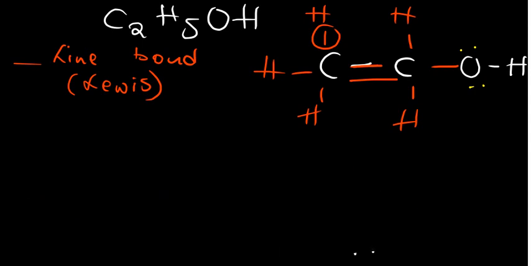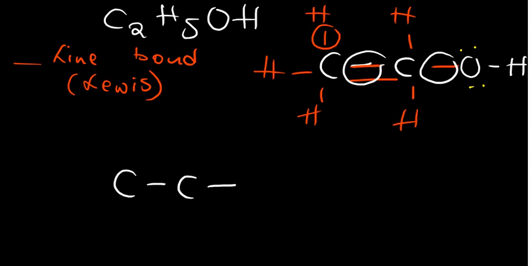So for the condensed formula, what basically happens is you only show the bonds between the carbon atoms, the main chain. So you have carbon to oxygen. Then the rest are going to be condensed.